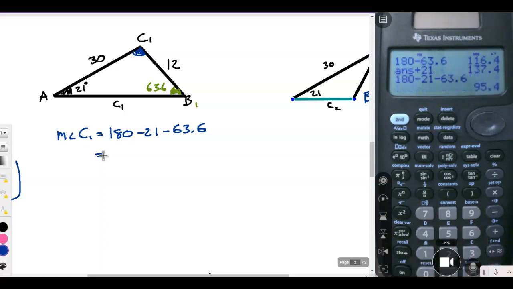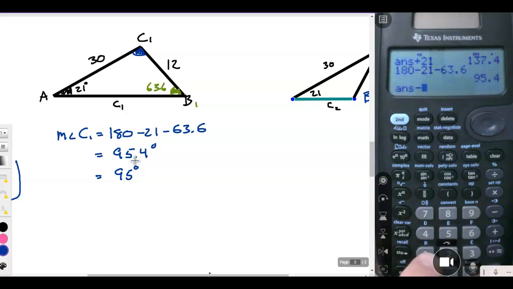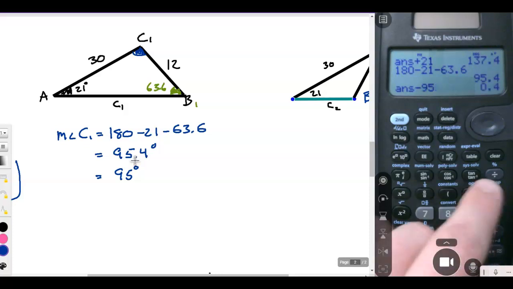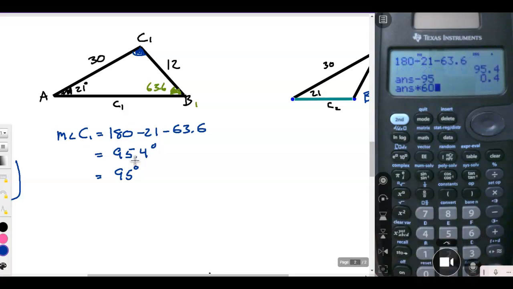Yeah, 95.4 degrees, and I think we're still sticking with the minutes here, so that'd be 95 degrees and 0.4, I think would be 24. Double check. Yeah, 24 minutes.